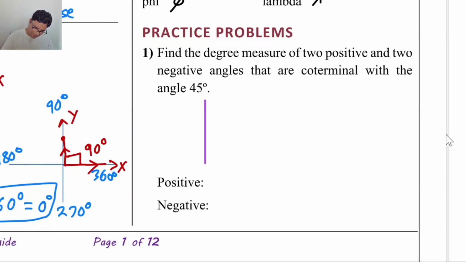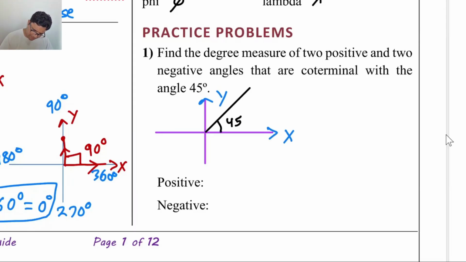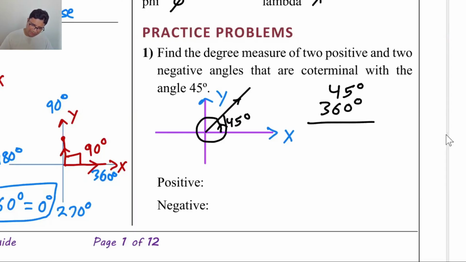So I will begin by first drawing a simple sketch. X-axis, Y-axis, and 45 degrees exactly in the middle here. And what would be a positive angle coterminal to it? I'll make another full rotation. In your calculator, take 45 degrees and add 360 degrees to it.